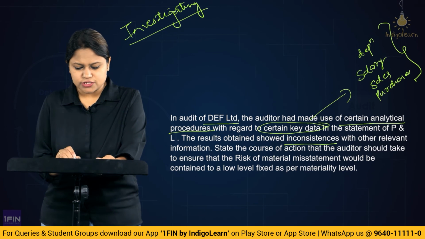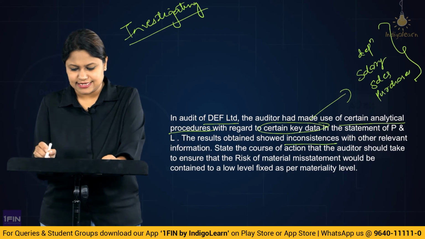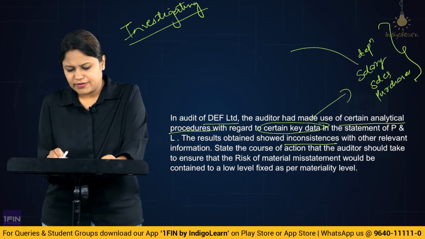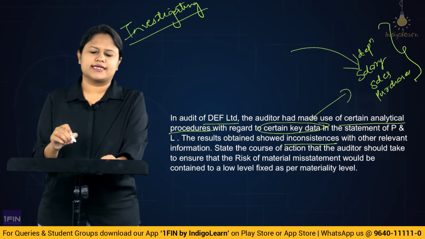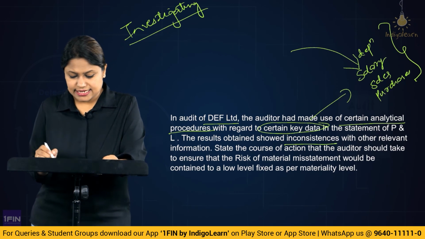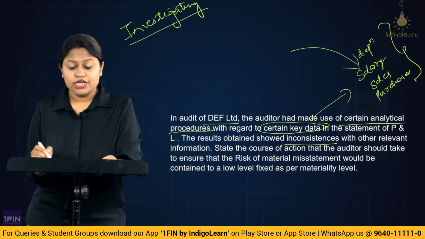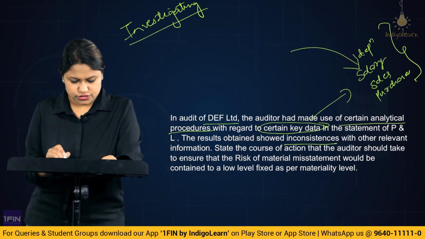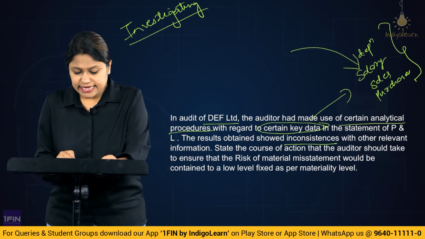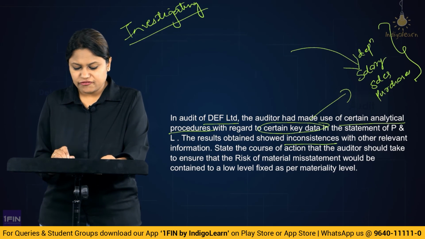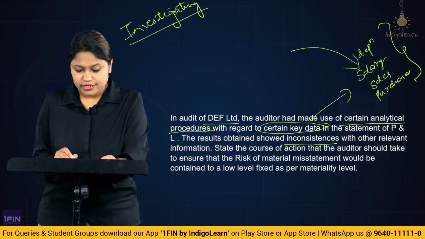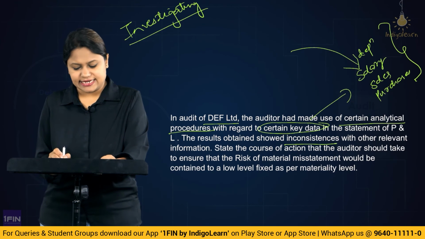So now you have come to a position where you understood there is inconsistency, that any of the element, maybe let us take the example of salary, where you realized there is something that the auditor has to check now because it has some kind of inconsistency with the evidence that you have obtained in the routine course. Now, state the course of action that the auditor should take to ensure that the risk of material misstatement would be contained to a low level as per the materiality level.